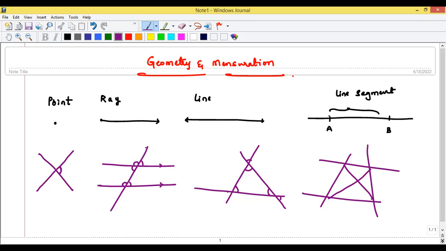Polygon means poly means many, gons means sides, so a figure with many sides is called a polygon. A figure with 3 sides is called a triangle. 4 sides, quadrilateral. When it is 5, you name it generally like pentagon. Penta means 5. Hexagon, it is a 6-sided figure.